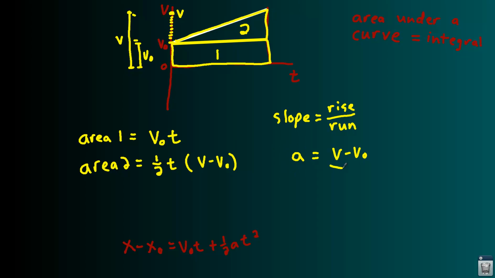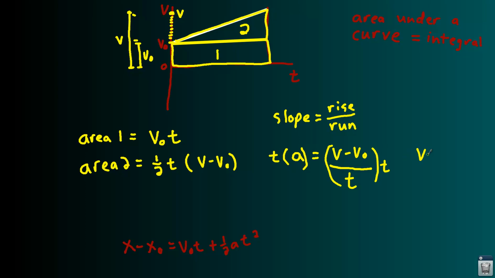And going back to here, what is the run? The run is this piece, which happens to be time, right? So acceleration is the slope, the rise over the run, v minus v naught over t. We can rearrange this and solve for v minus v naught by multiplying t on both sides.